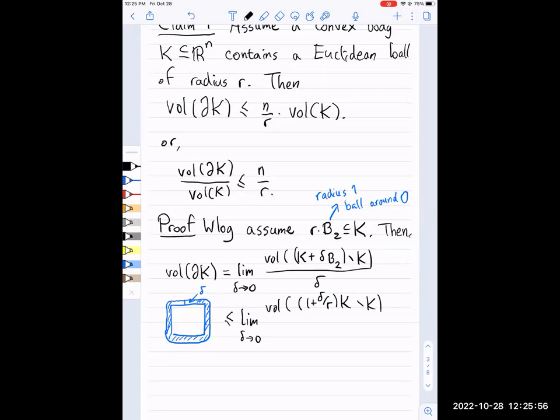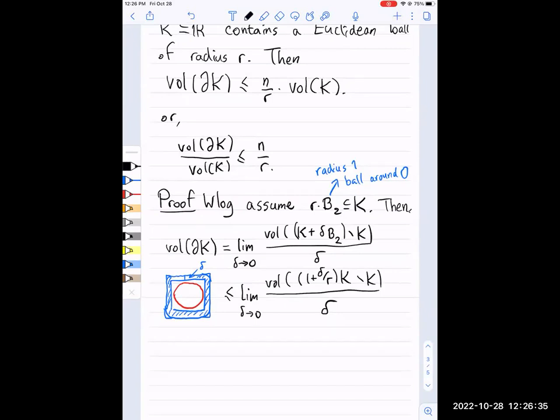Because K contains a ball of radius R, so delta over R K contains a ball of radius delta. So in this picture, I have a ball contained inside my body, and I'm replacing the thing I'm adding in this Minkowski sum. Instead of a sphere, I'm replacing it with a square. So it would be something like that, because I'm taking a slightly bigger body for my Minkowski sum. So let me just complete that formula. So I divide by delta.